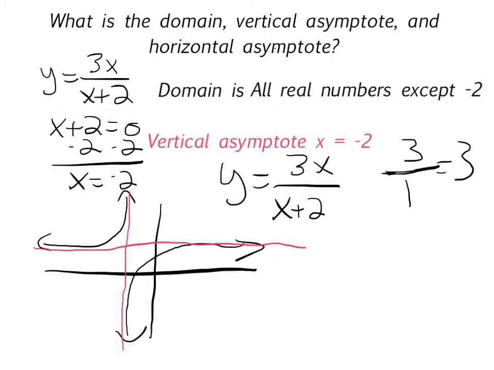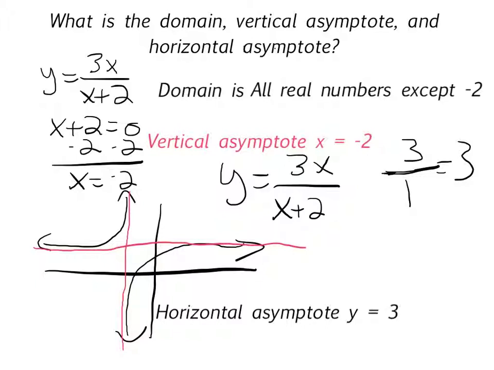So our horizontal asymptote would give us, and again it's going to be y because it's a horizontal line, so it's y equals, and this would be a positive 3.